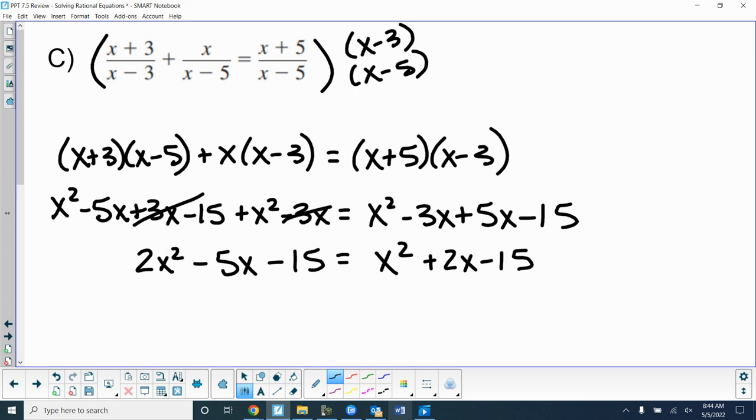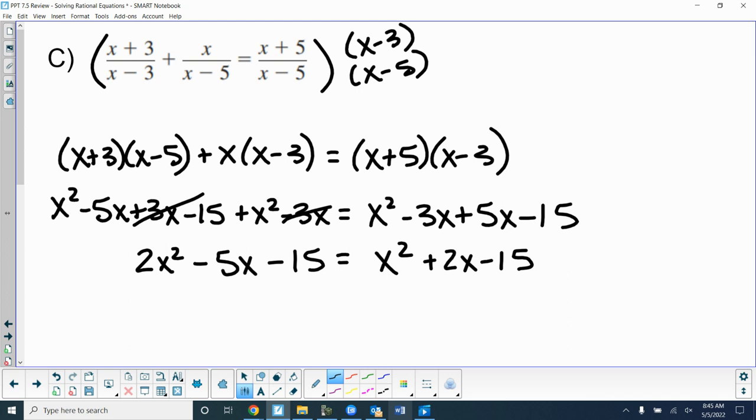Okay, since I have an x squared in the problem, it becomes what we call a quadratic equation, right? To solve a quadratic equation, we have to set it equal to 0. So I'm going to take everything that's on the right side of the equal sign over to the left side, so that the right side will be 0.